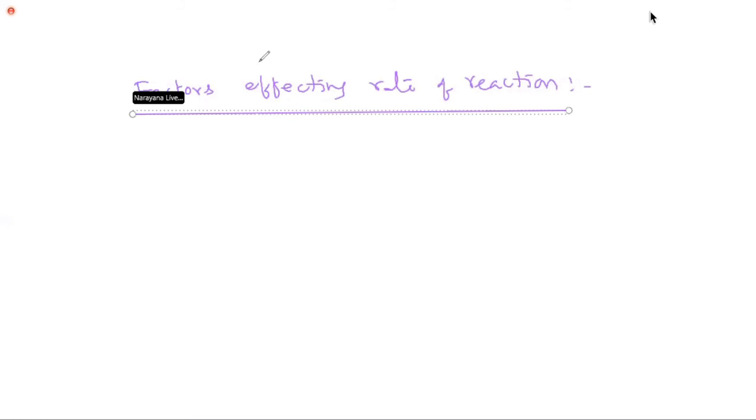Okay. Next heading, factors affecting rate of the reaction. Number 1, nature of reactant.